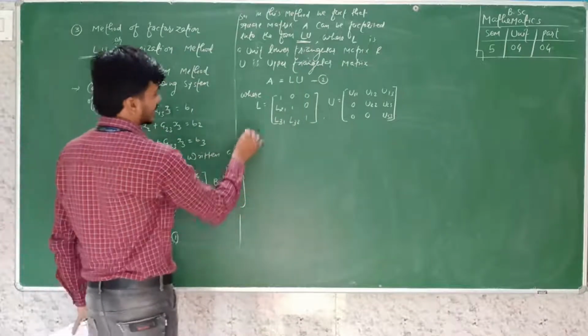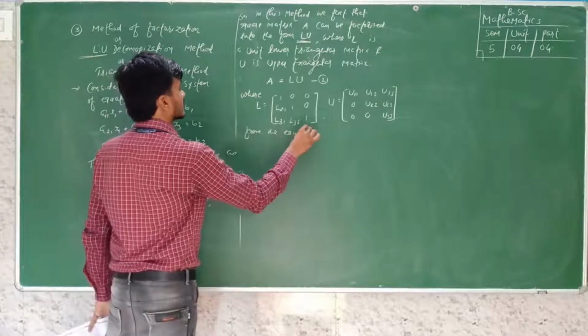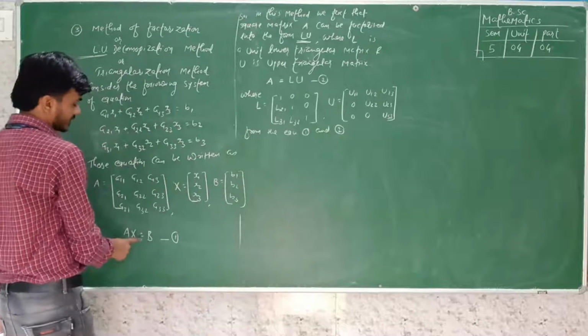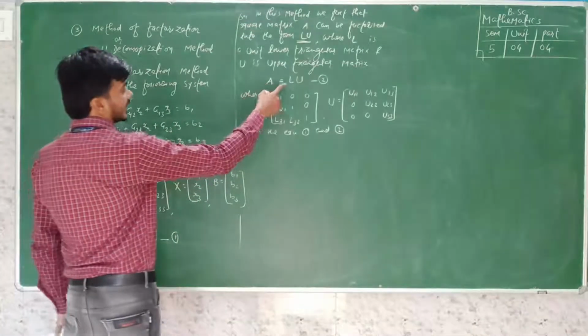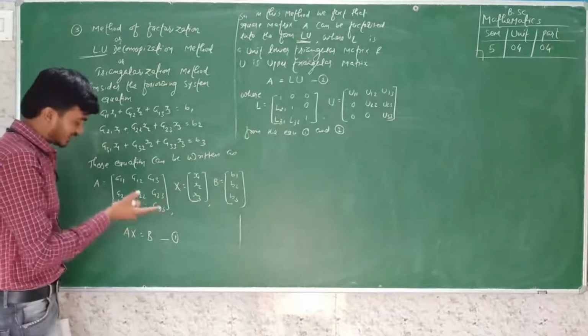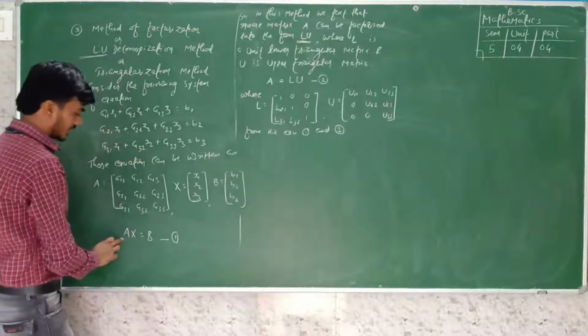From equations 1 and 2, AX is equal to B, where the square matrix A can be factorized into LU. We can replace A is equal to LU in equation number 1.